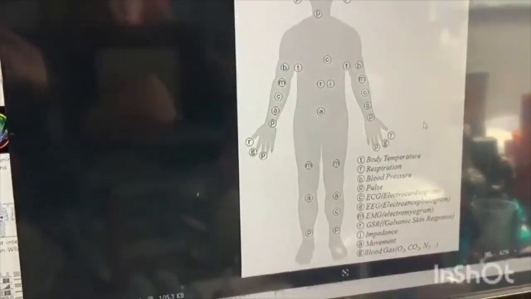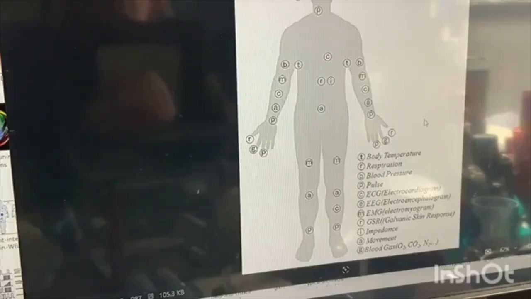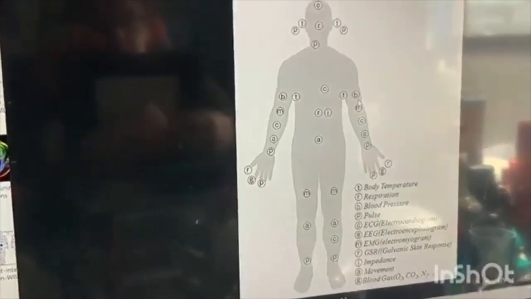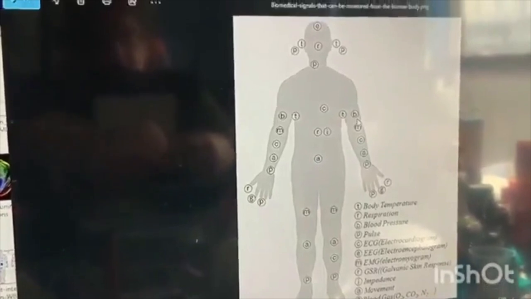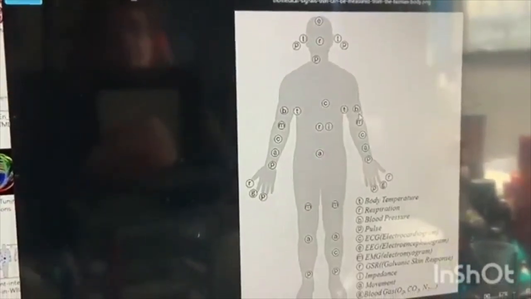And if you notice, the biosensors are right over top of those chakra points. Period. Because it's anatomical. So they want to get the best biosignal measurements from where those chakra points are because it has to do with blood flow, and cellular signaling, molecular communication.